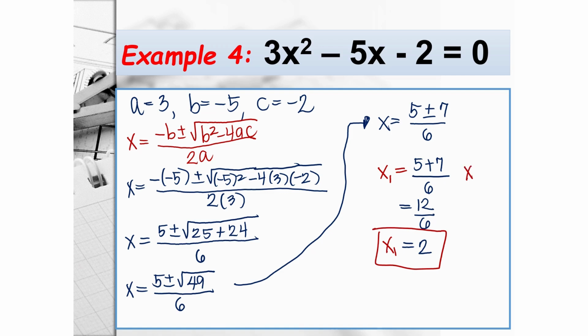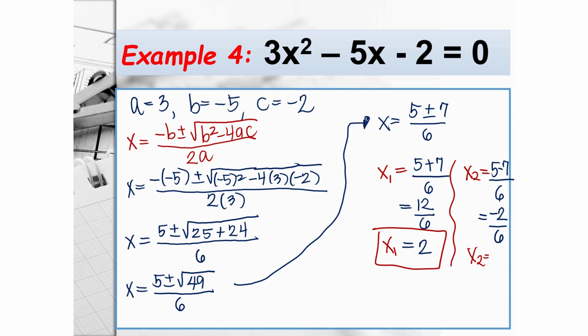Next is x sub 2 is equal to 5 minus 7 divided by 6. So that is equal to 5 minus 7 is negative 2 divided by 6. So x sub 2 is equal to negative 2 divided by 6.